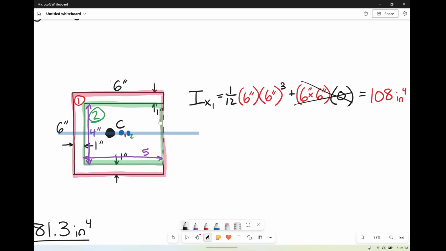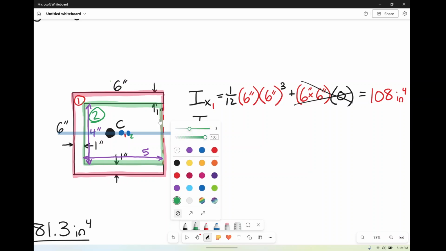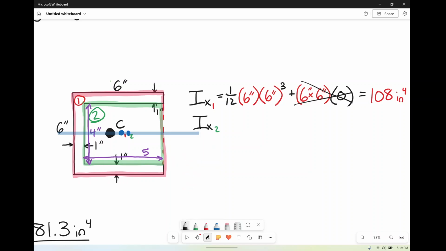Okay, if we do Ix for number 2, again, we're going to have 1/12. The base is 5 inches, the height 4 inches, raised to the 3rd, plus again the area, which is 5 by 4, times the distance again vertically from the blue dot to the black dot, which again is going to be 0.